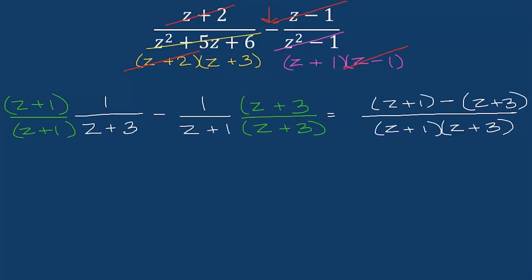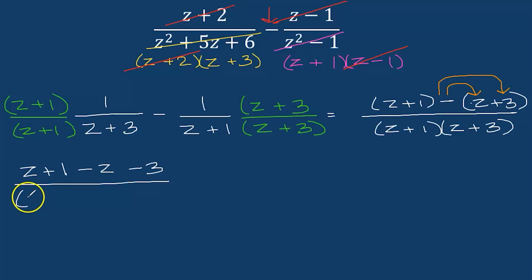Instead, we need to distribute this negative to each side in the parentheses and rewrite this. So we have z plus 1 on top minus z minus 3, and our common denominator of z plus 1, z plus 3.